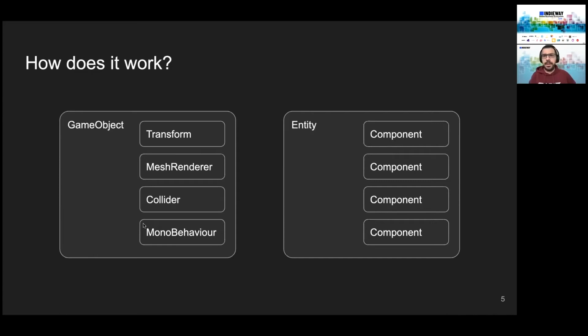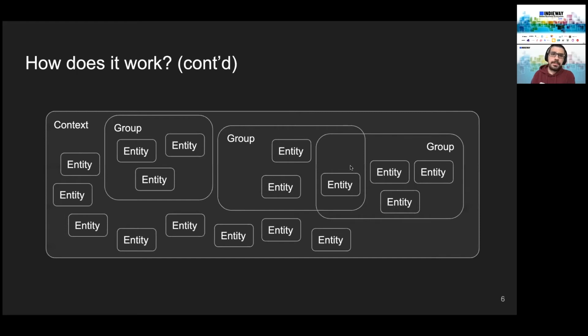This is within the MonoBehaviour. However, it's not the case for ECS. There are only components, and there is data on them. There is no logic that you are supposed to write. I'll go into the details later, of course. These entities have a certain context.